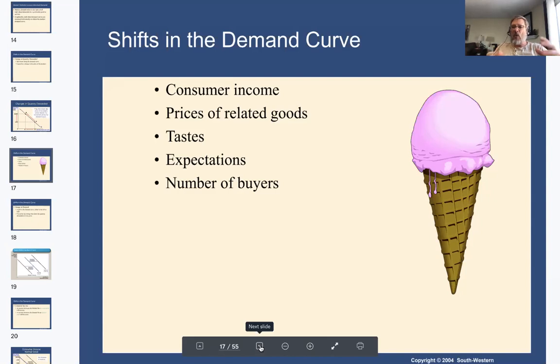And the more consumers it can reach, then the greater the demand. Because remember, you're just adding on the quantities demanded by each of the consumers. So if you add more consumers to the market for some reason, suppose payment systems go into developing countries that allow them to buy goods off of Amazon or something like that, they're going to see an increase in demand because there's an increase in the number of buyers.